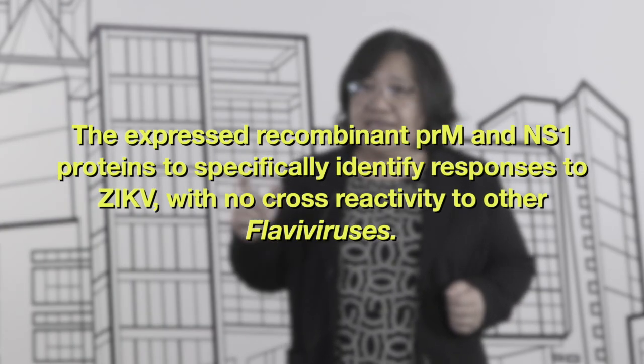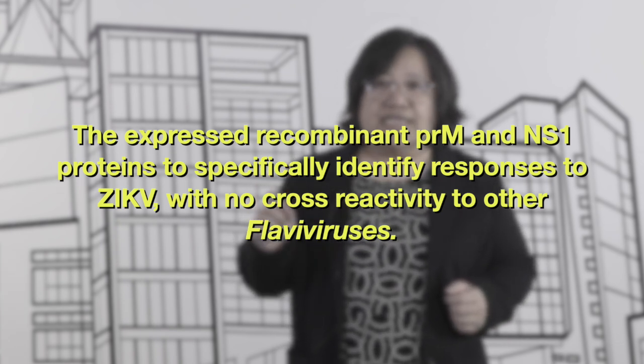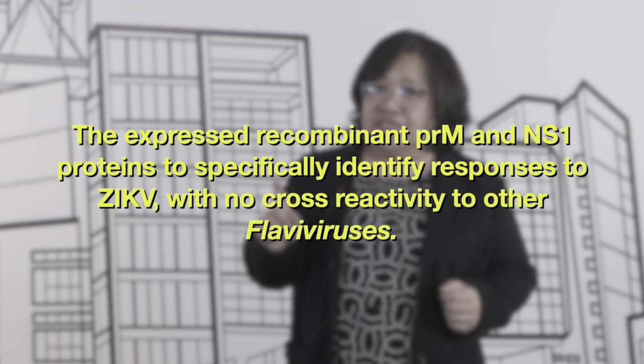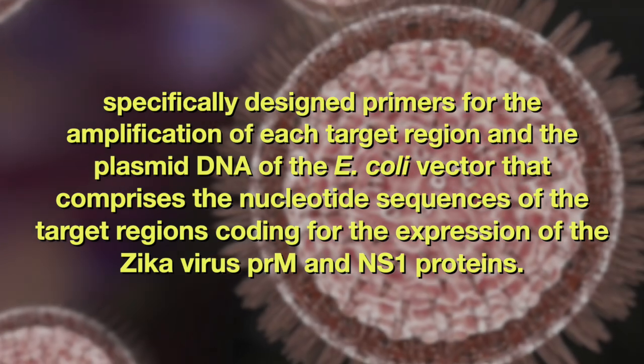Additionally, the invention also addresses the capability of the expressed recombinant prM and NS1 proteins to specifically identify responses to Zika virus with no cross-reactivity to other flaviviruses. Furthermore, the invention also includes specifically designed primers for the amplification of each target region and the plasmid DNA of the E. coli vector that comprises the nucleotide sequences of the target region, coding for the expression of the Zika virus prM and NS1 proteins.